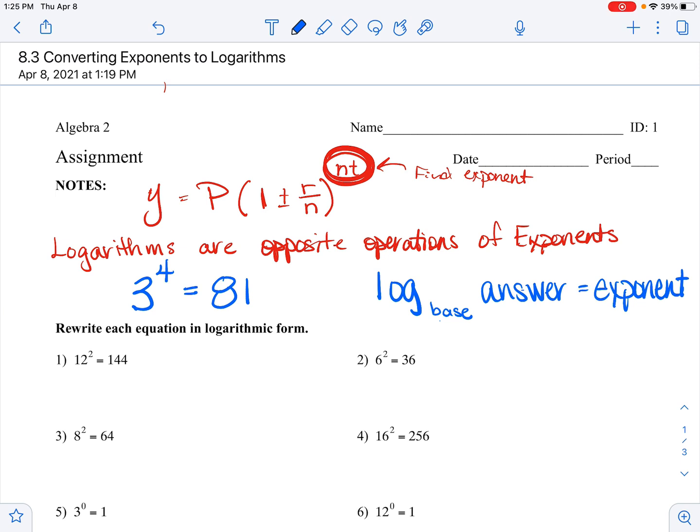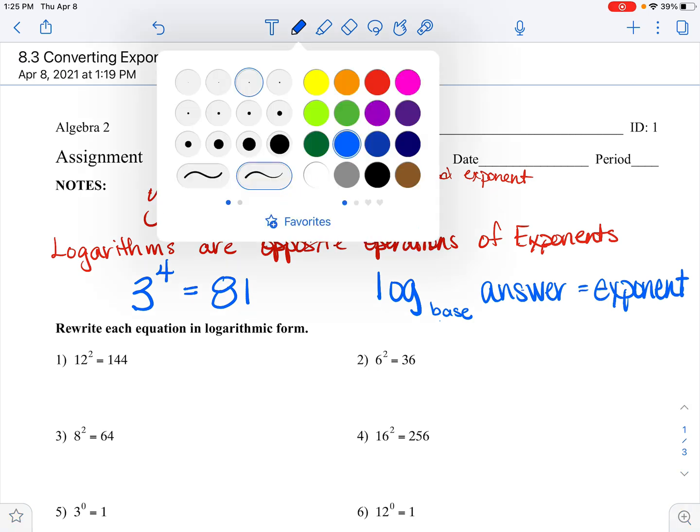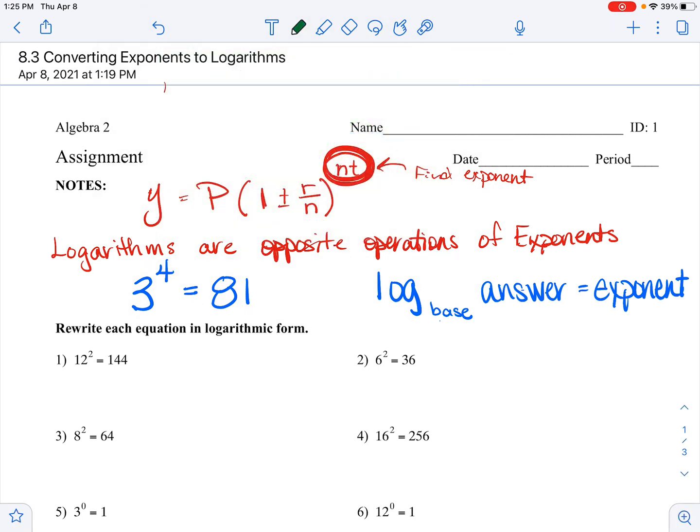So let's see a couple of these in action, because really all you do then is plug it in. We're going to turn this, so here the base is 3. So this is going to be the log base 3, then you put the answer of 81 is equal to the exponent, which would be 4.